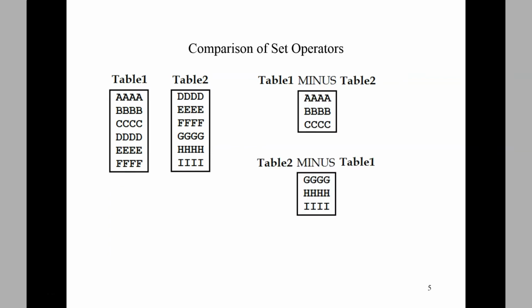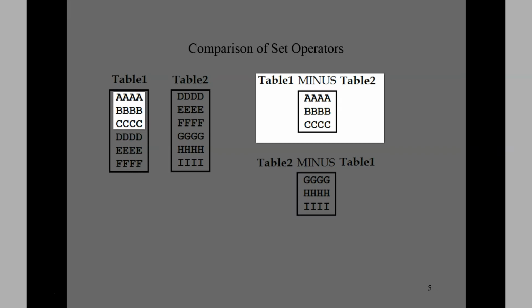With the difference operator, we seek to find the members in one set that are not present in another set. In our example, we are again using tables 1 and 2, but changing the order of these tables with respect to the difference operator produces a different result.